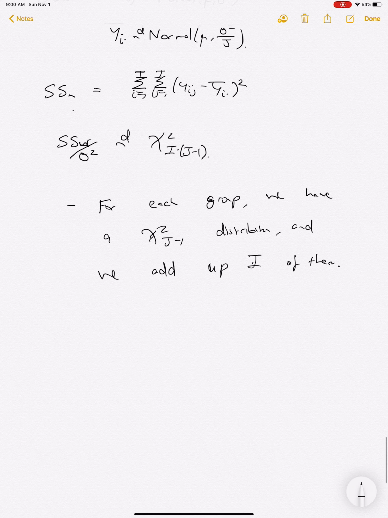And then finally, if we look at SS between, that's just equal to J times the sum of Y bar i dot minus Y bar dot dot squared.